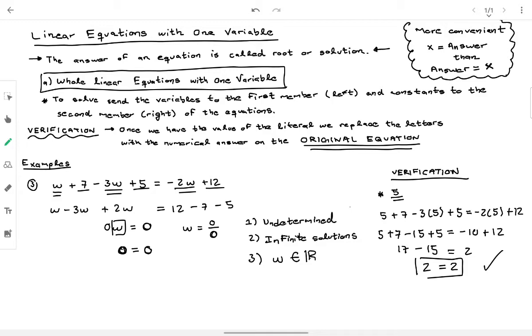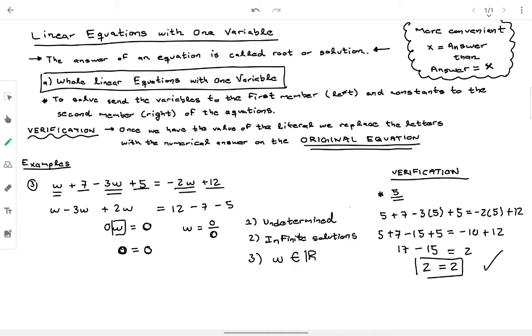So we have seen 3 different types of exercise. When the variable has a specific value, like exercise 1. In exercise 2, remember, we don't have a value for the letter, because it's impossible for something multiplied by 0 to give us a number. So that's why the empty space.